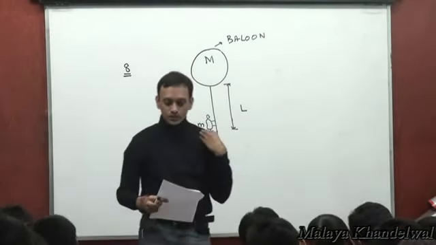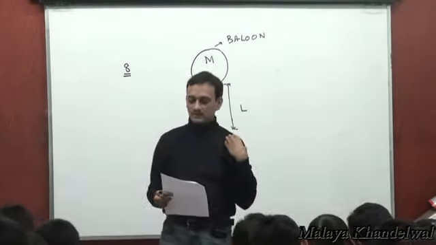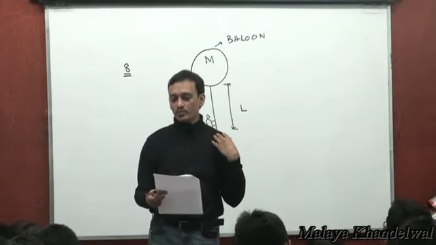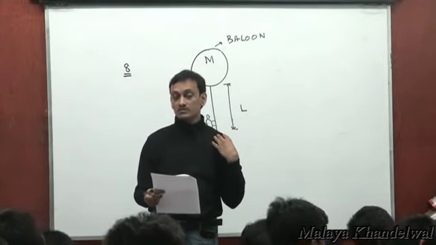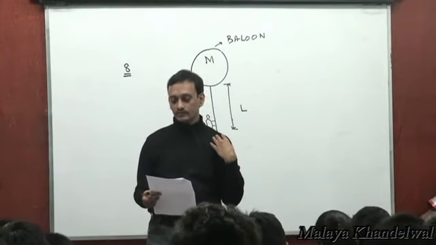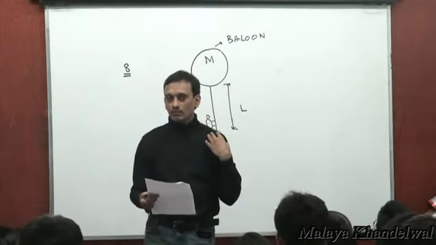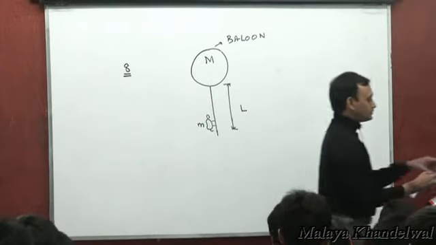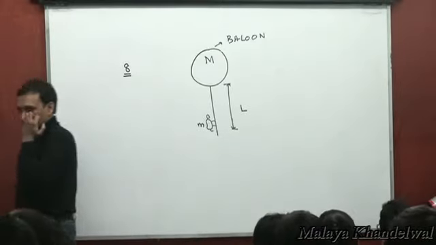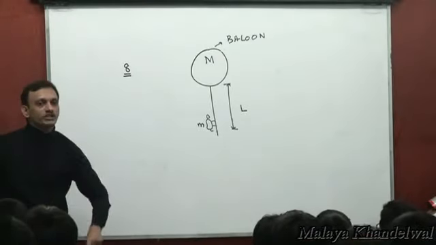The balloon, the light rope, and the monkey shown in figure are at rest in air. If the monkey reaches the top of the rope, by what distance does the balloon descend? Now, see, in this case, just one point of contention.